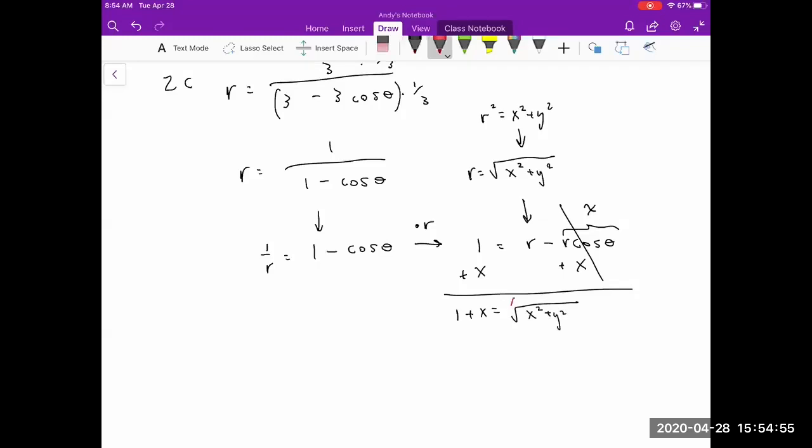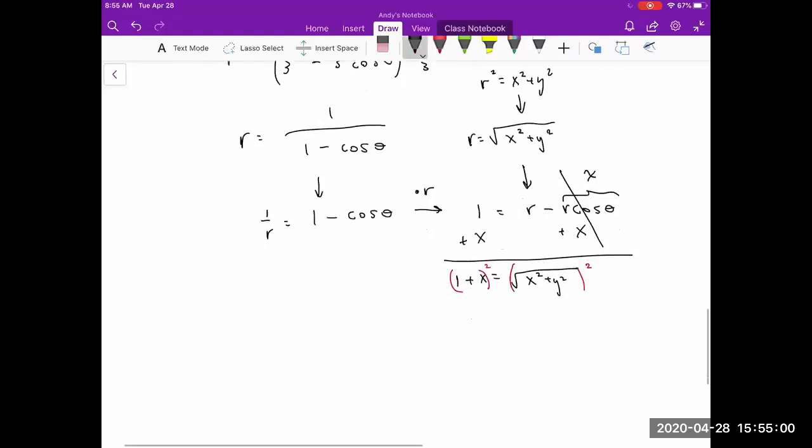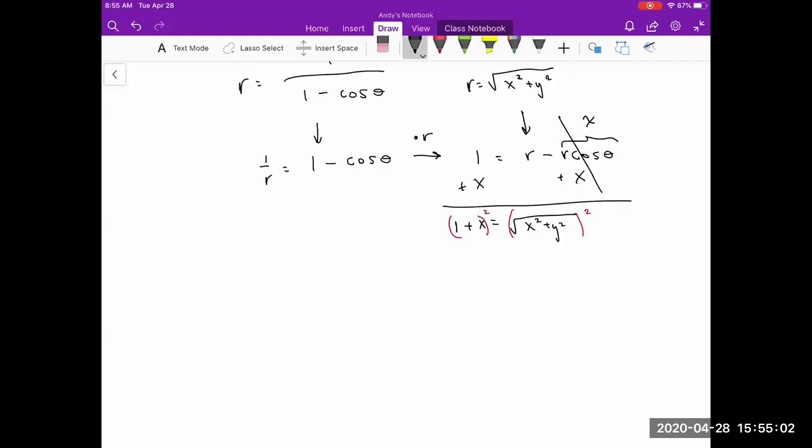Now if we square both sides, we can expand out the left side. We'll get 1 plus 2x plus x squared equals, here they cancel out and you just get x squared plus y squared. And then if you subtract x squared to the other side, there we go. Look at that. So we get 2x plus 1 is equal to y squared, which is actually a quadratic in y. So it's a sideways parabola.